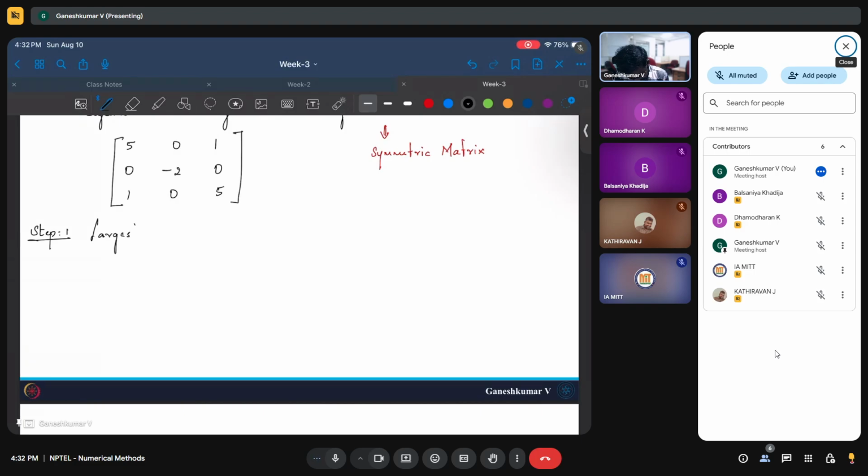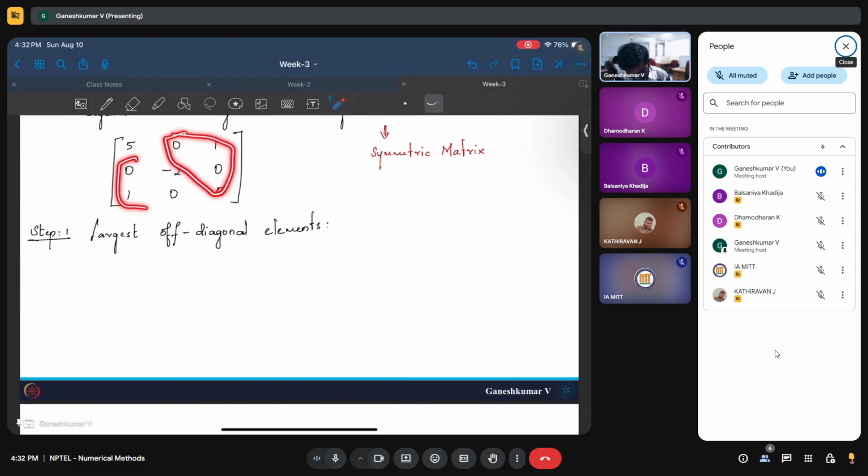So what is the largest off diagonal element here? This is a diagonal element, so it is not what we want. 5 is the largest, but it is not off diagonal. So the off diagonal elements are these and these.